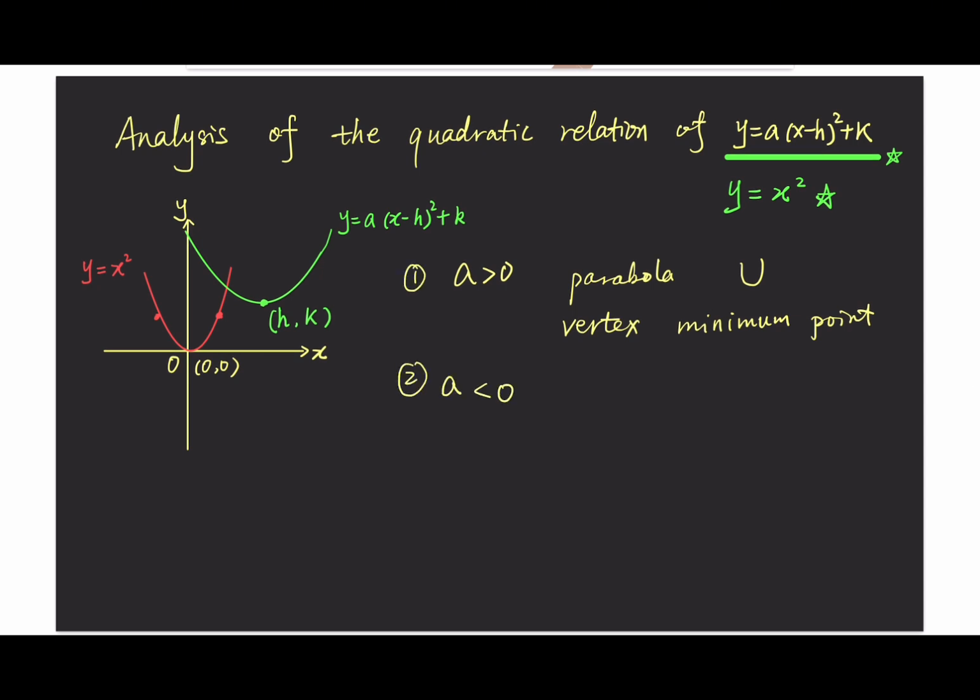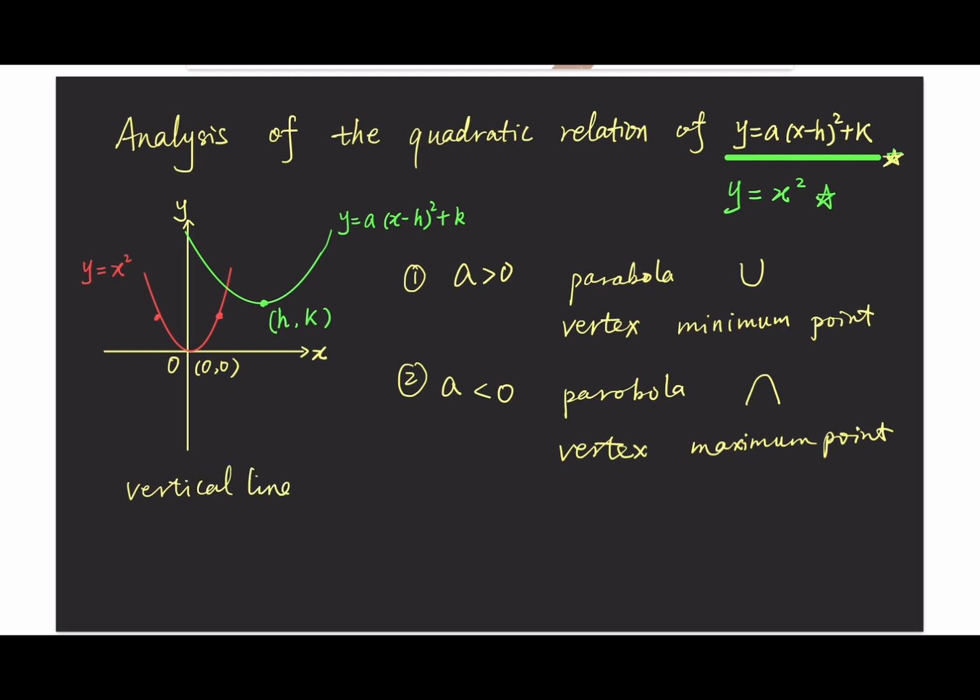If a is less than 0, the parabola will open downwards. The vertex represents the maximum point on the graph. For this quadratic relation, we can find out the axis of symmetry of the parabola should be the vertical line.